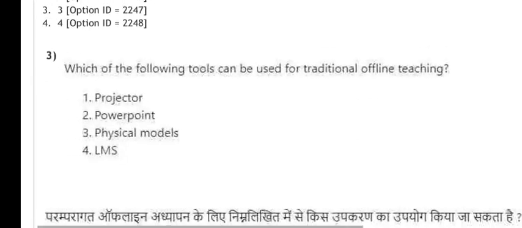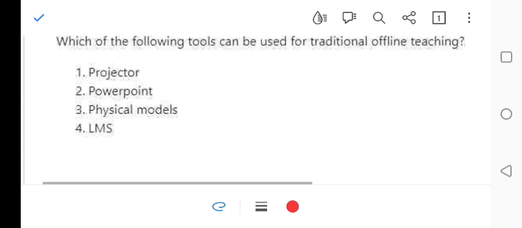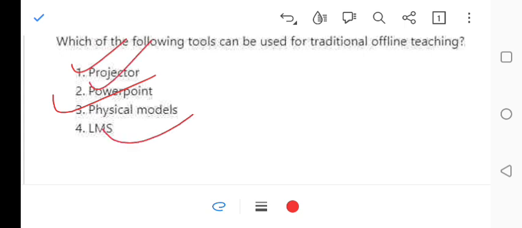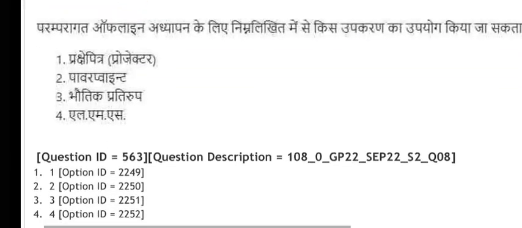Next question says, which of the following tools can be used for traditional offline teaching? Which of the options? Projector, PowerPoint, physical models, LMS. So since it is offline, it will be physical. Projector, PowerPoint, LMS, these 3 are online based.